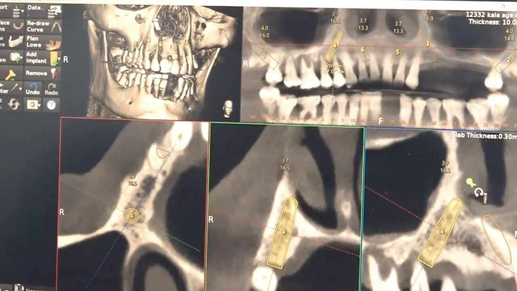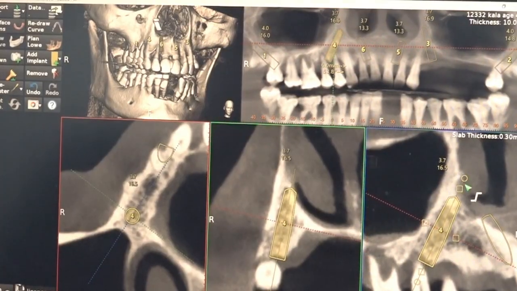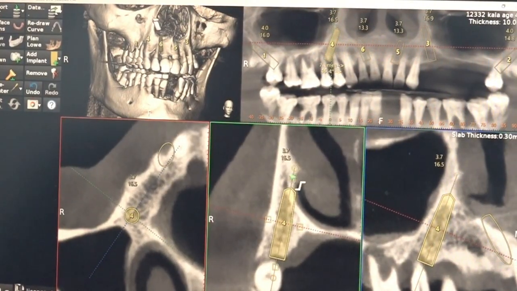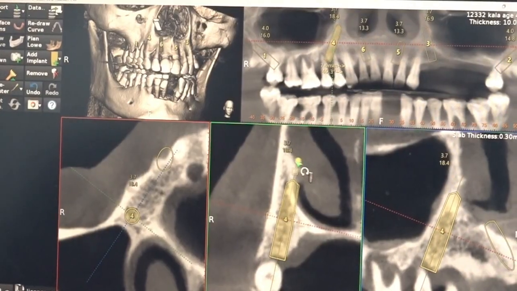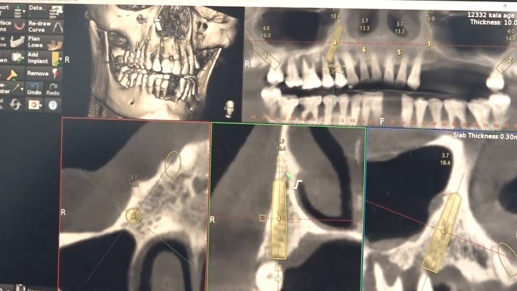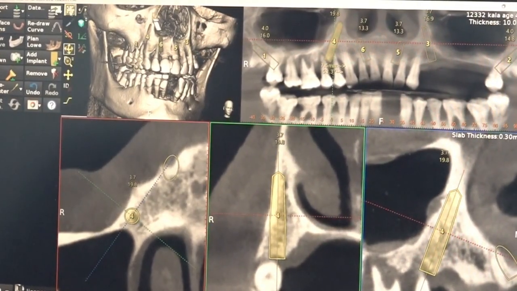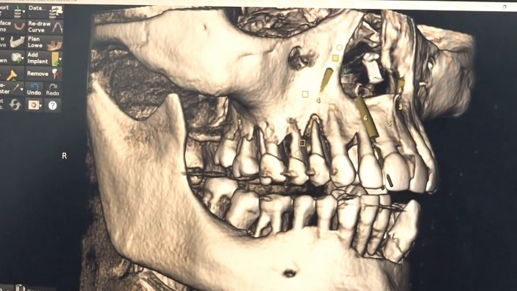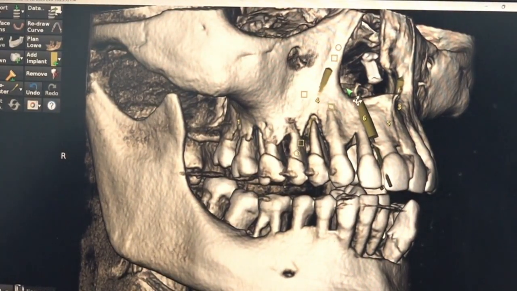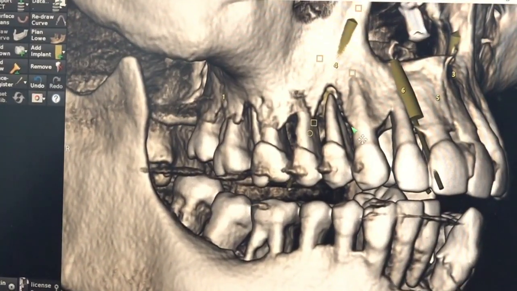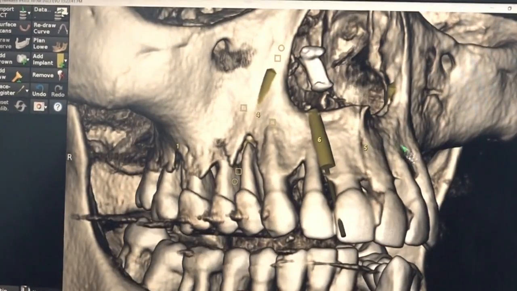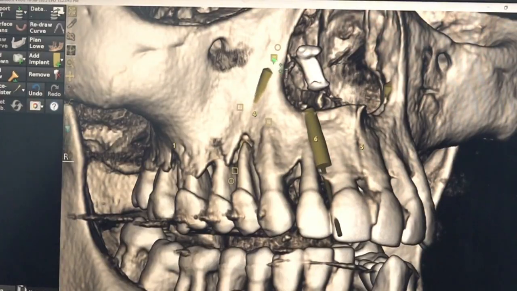And what we can do is we will tilt a little more distally. We are getting more bone. So we will find out where is this target point. So this is the buttress area. So instead of targeting the nasal corner, we can target this area.